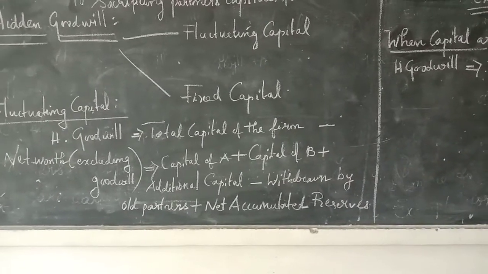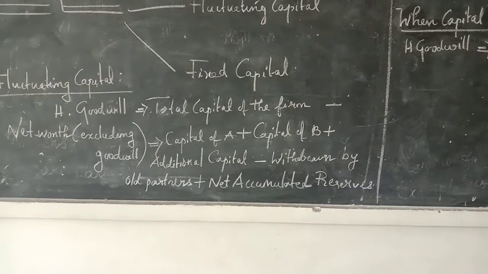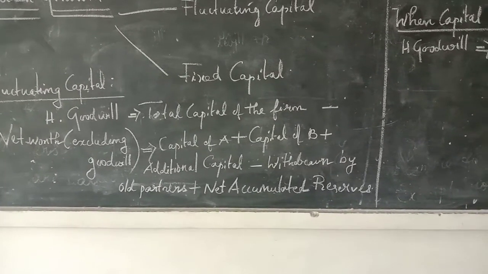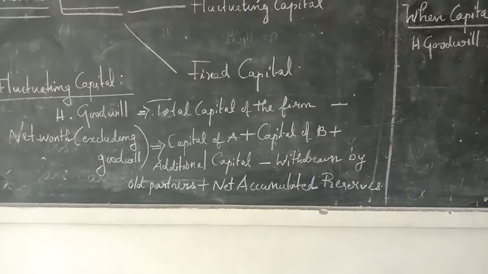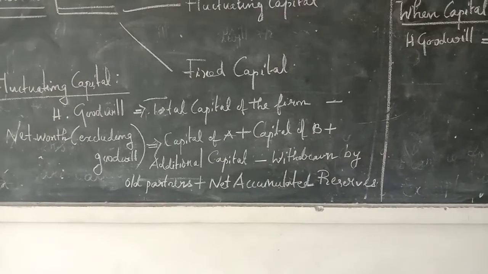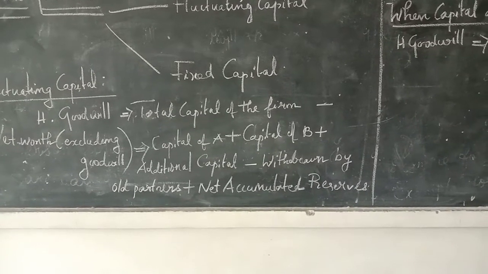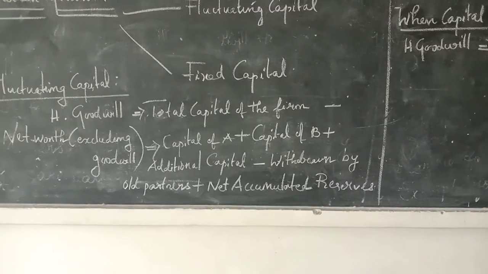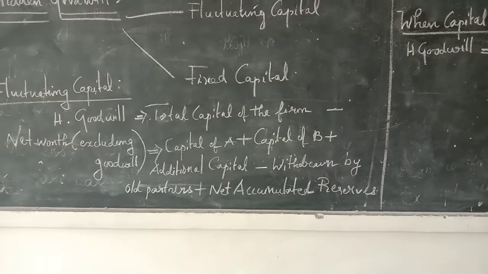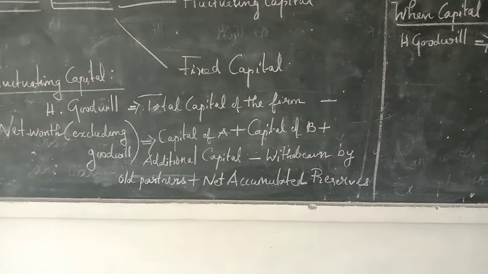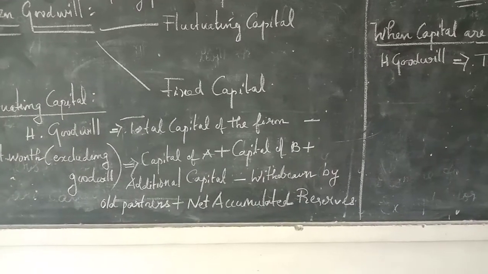So what is called the net worth? Net worth is nothing but adding the capital of the old partners, that is capital of A and capital of B, if there are two old partners and C is the new partner, for example. And we add any additional capital brought by the old partners, subtract any capital withdrawn by the old partners, and add the net accumulated reserves.